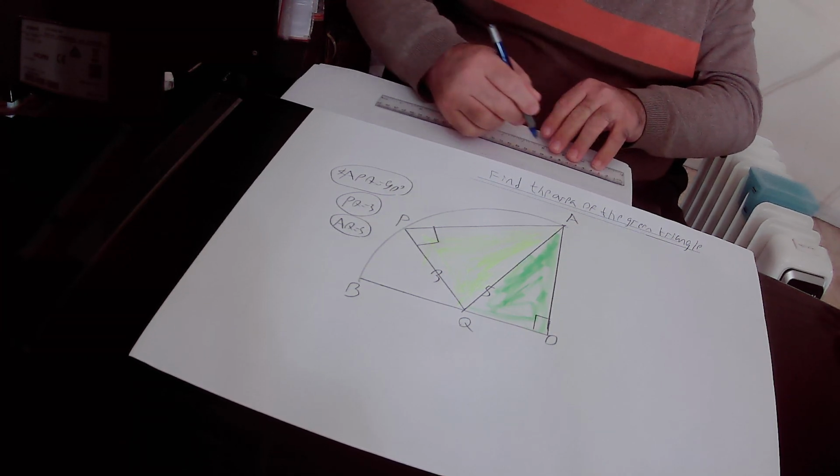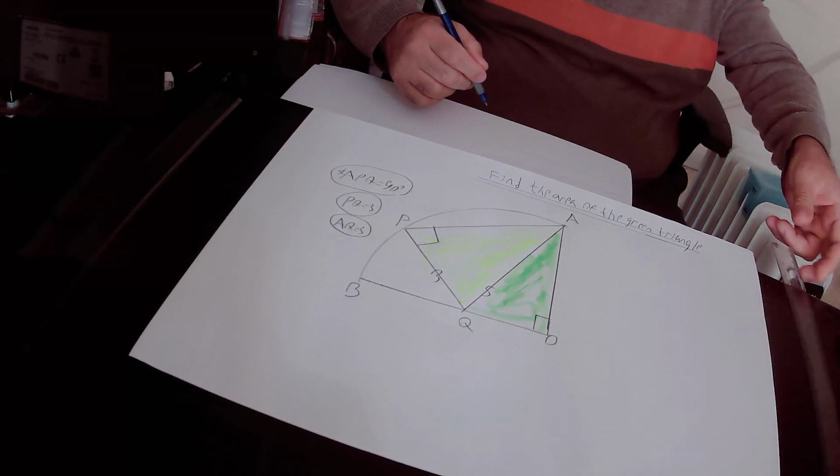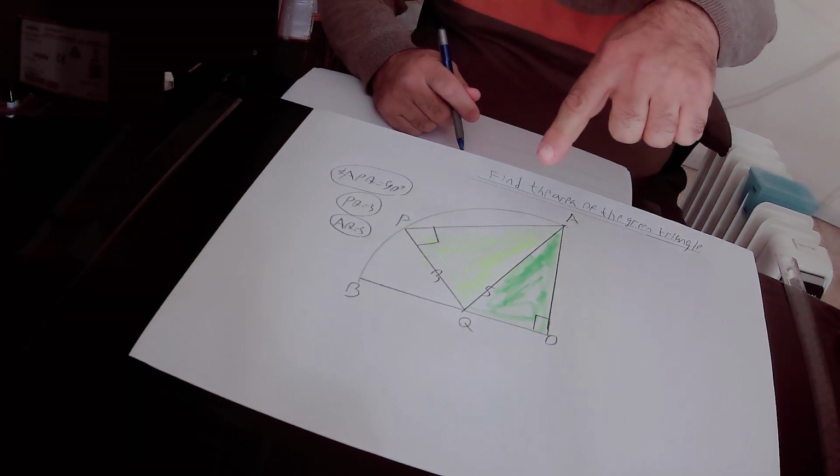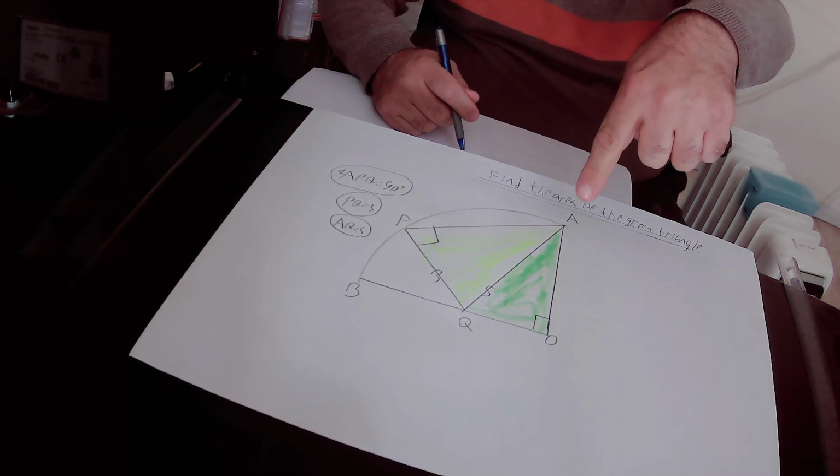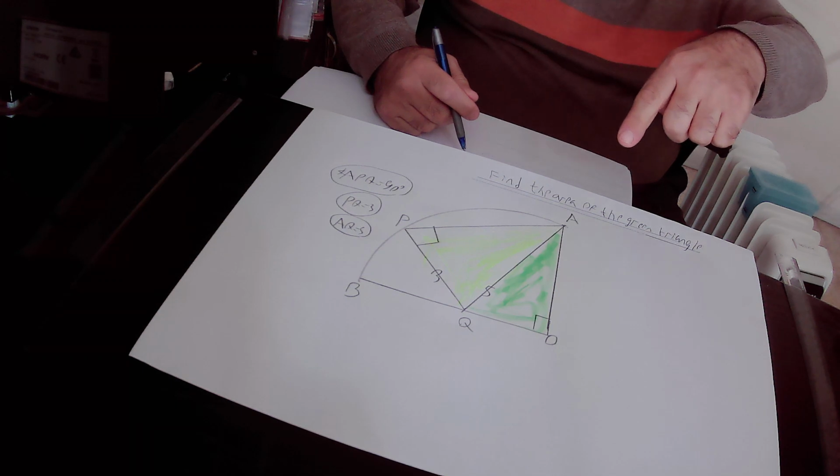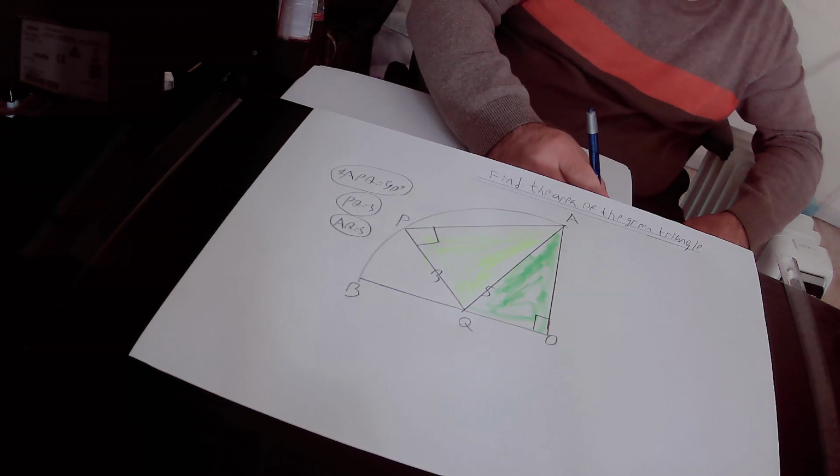So the hypotenuse in the right yellow triangle APQ is AQ, therefore the square of the hypotenuse is AQ squared.